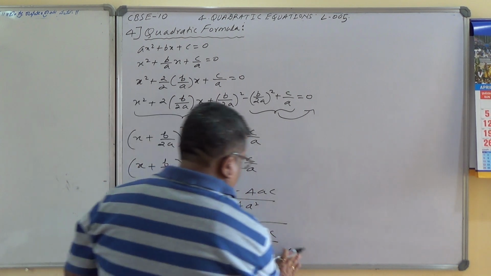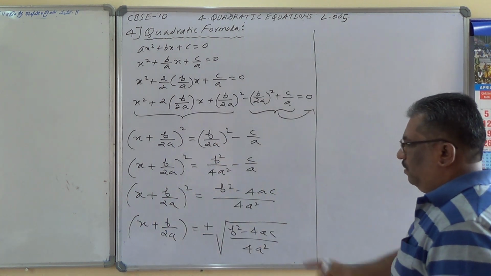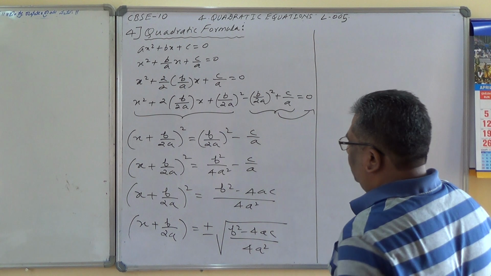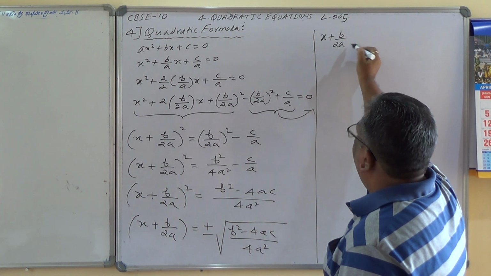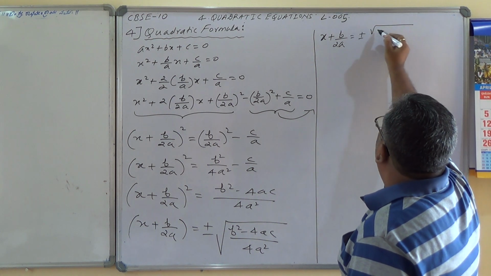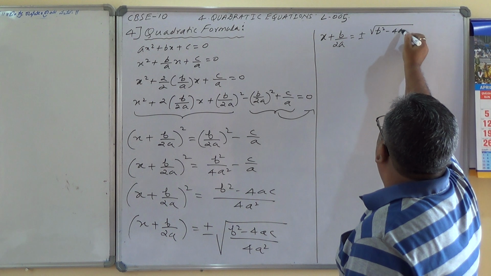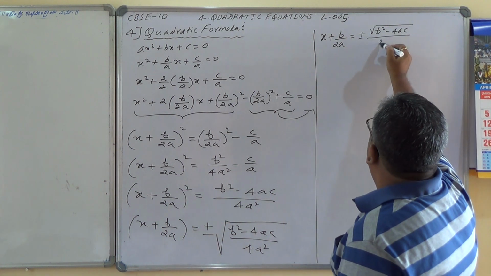Now continue. So let us solve this. Equals plus or minus under root of b square minus 4ac divided by 4a square, which comes out as 2a.